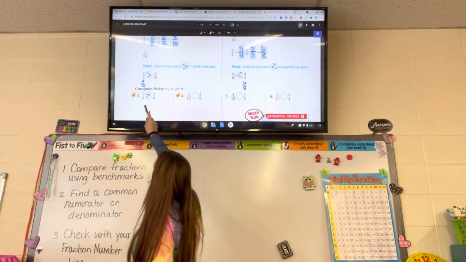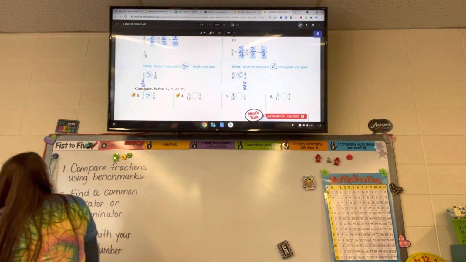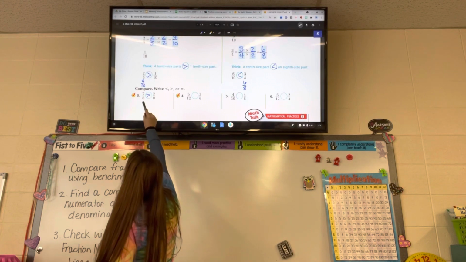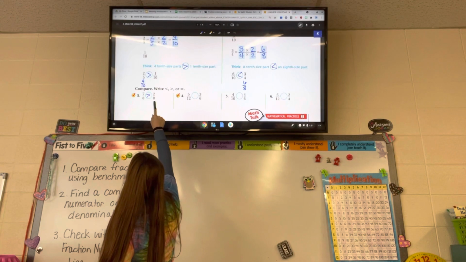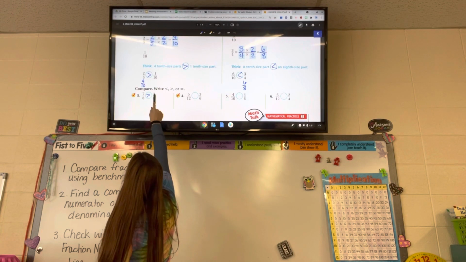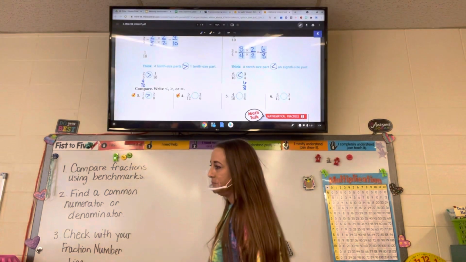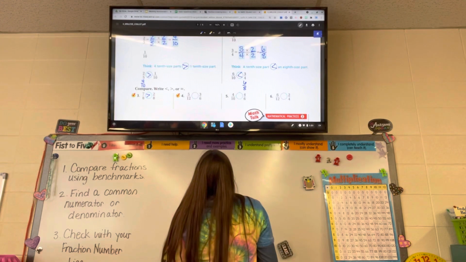So when the denominator's the same, you're just going to look at the number of pieces. Okay? So we have one pizza cut into 8 slices, another pizza cut into 8 slices. One kid eats 7, one kid eats 2. Who ate more? The kid who ate 7. Make sense? Okay.